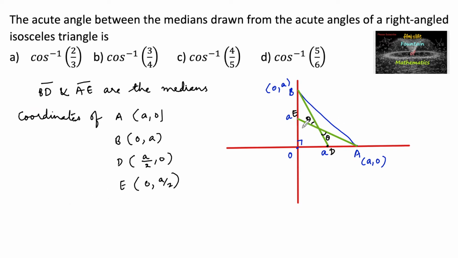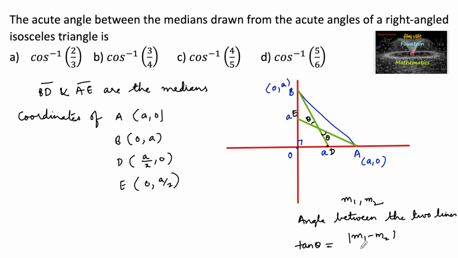to find the angle between the two medians is like finding an angle between two lines. So we had a concept: when two lines have slopes m1 and m2, then the angle between the two lines, the acute angle, can be taken as tan theta is equal to mod of m1 minus m2 upon 1 plus m1 m2.